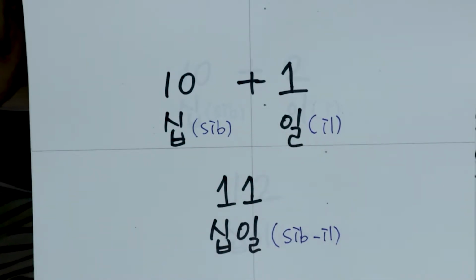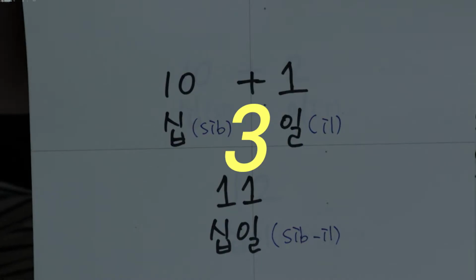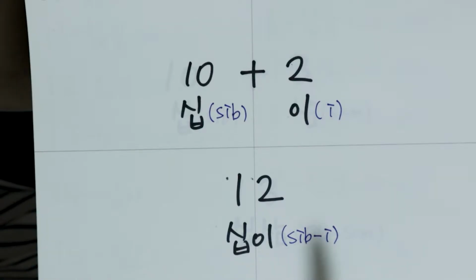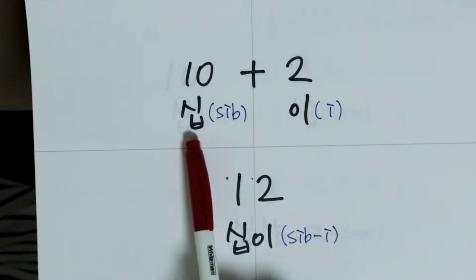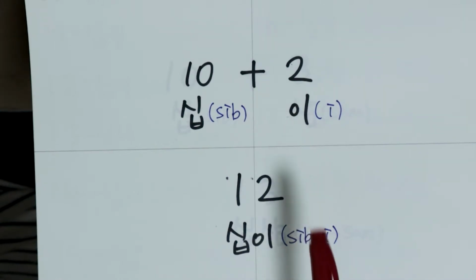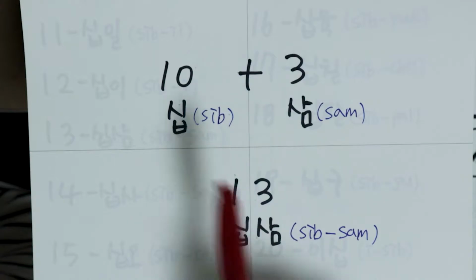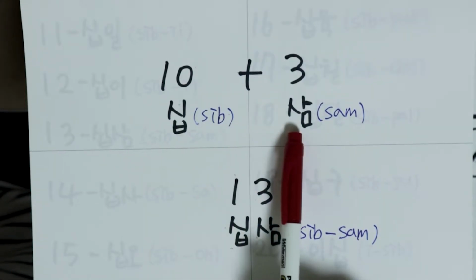Let me give you a question, then how can you say 12? 12 is 12. This is 10 plus 2. So 12. 13 is 13 because 10 plus 3.